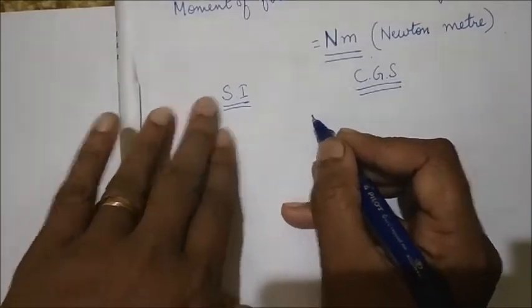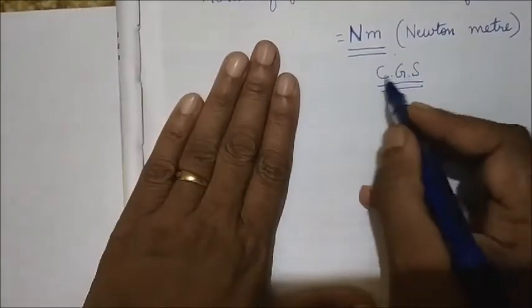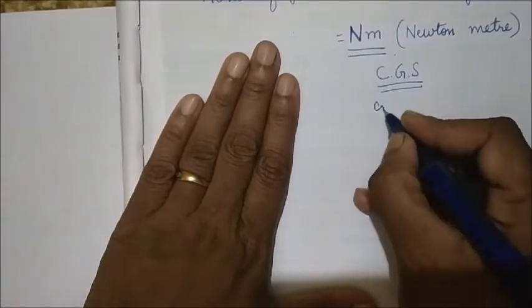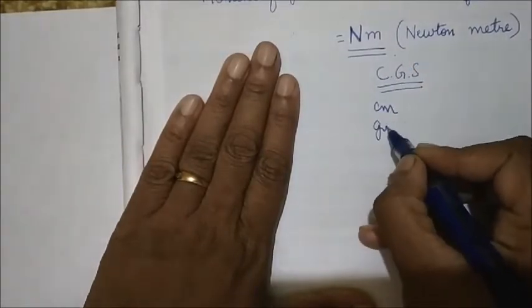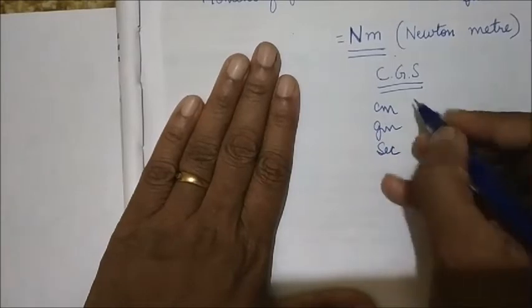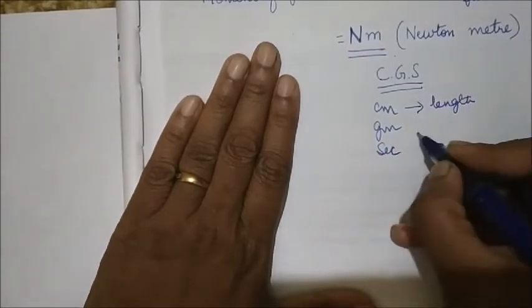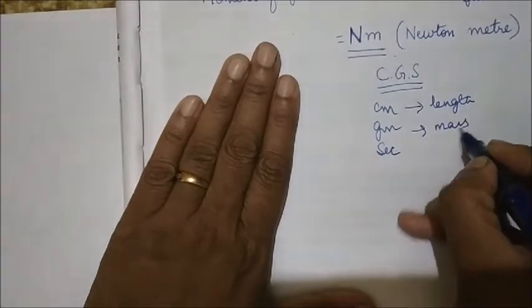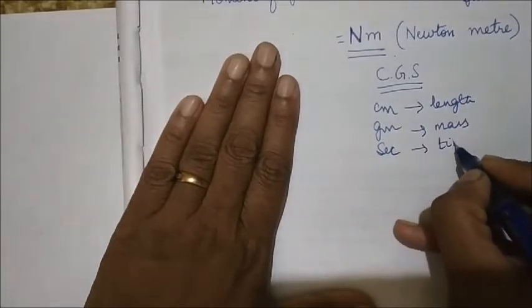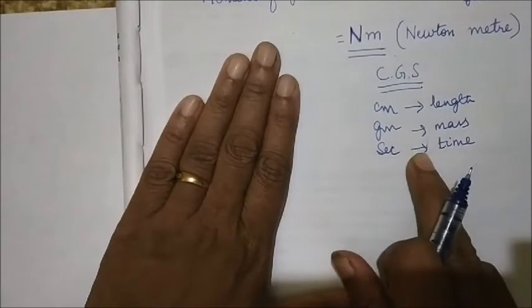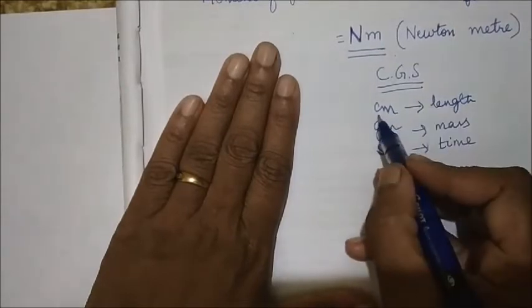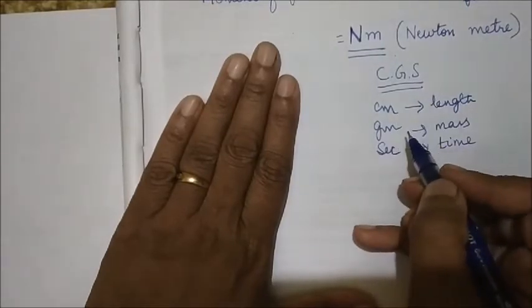Earlier they were using a system called CGS system. C stands for centimeter, G stands for gram, and S stands for second. Length is measured in centimeter, mass in gram, and time in seconds. But then they found centimeter is a very small unit.